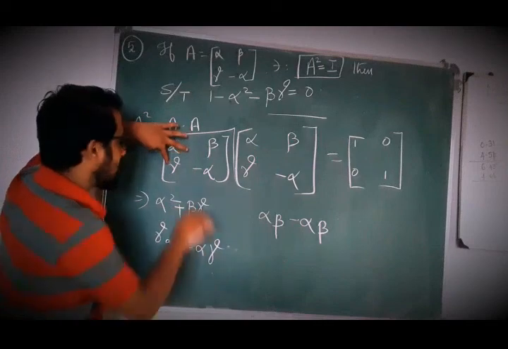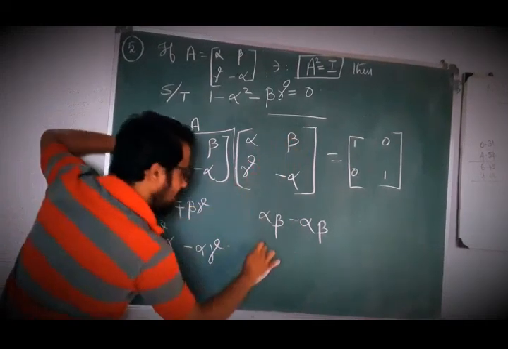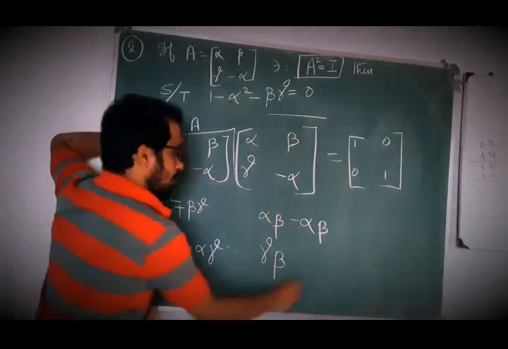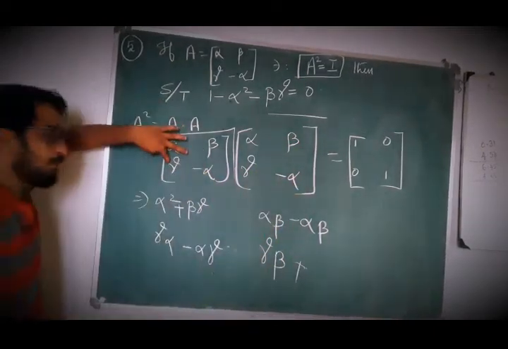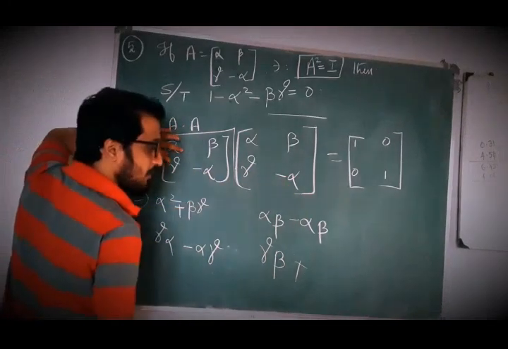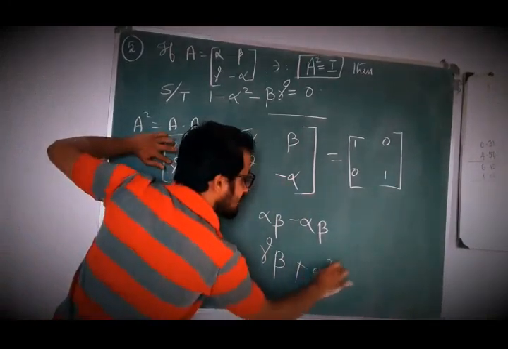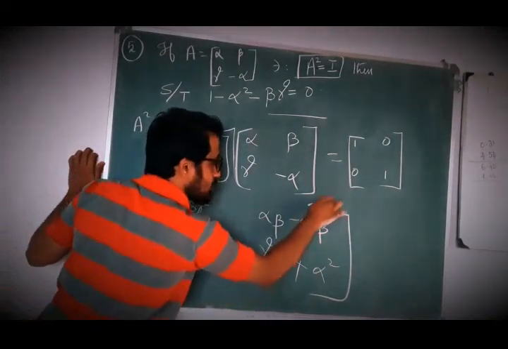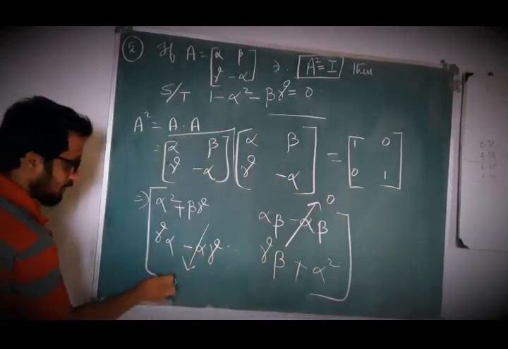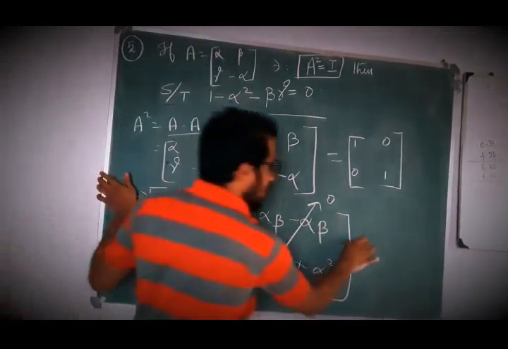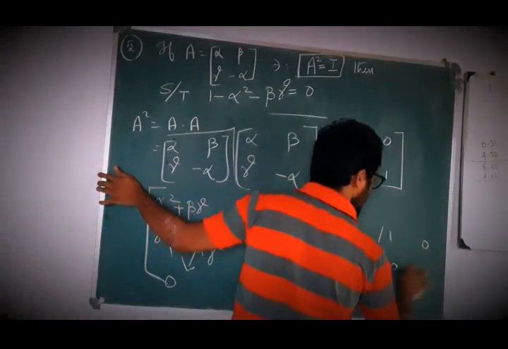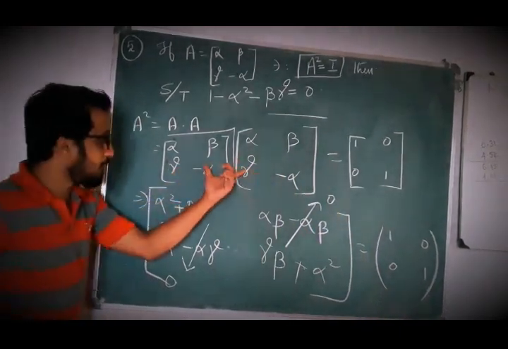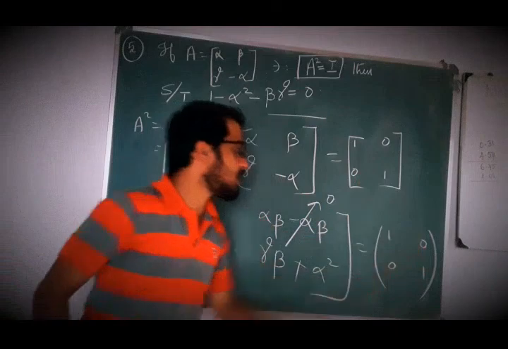Now gamma into beta, plus beta gamma, and minus alpha into minus alpha, that means plus alpha square. Cancel these two, we get these two elements as 0. Is equal to 1 0 0 1. Just go through that, after multiplying it is equal to 1 0 0 1.